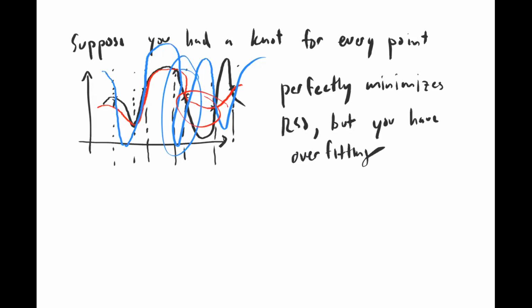And the way that these knots are formed is by making your first and second derivative continuous. So the way in which you can decrease the curviness is by reducing the size of the second derivative. So let's shrink the second derivative, which prevents your line from going super crazy, like in the blue case.